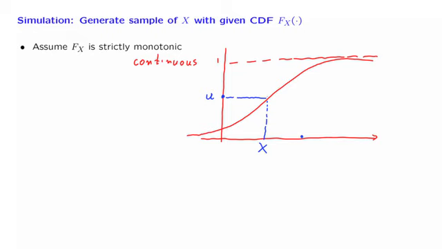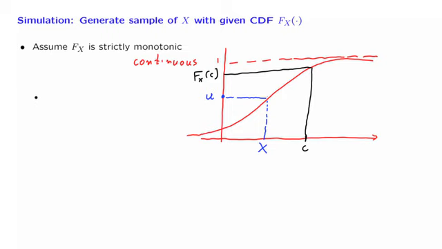Now what are the properties of this method that we have been using? If I take some number c, and then take the corresponding number up here, which is going to be F_X(c), then we have the following property.